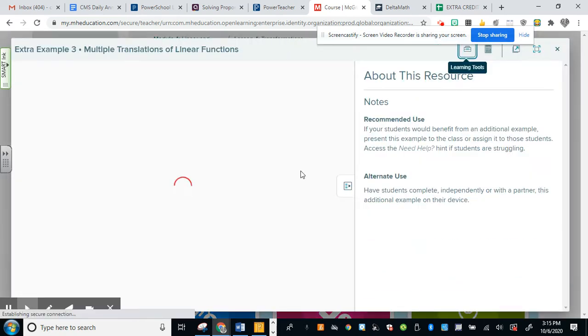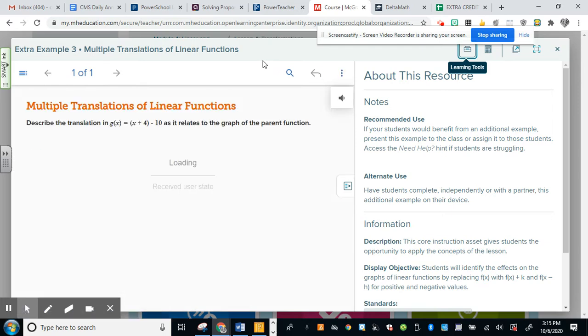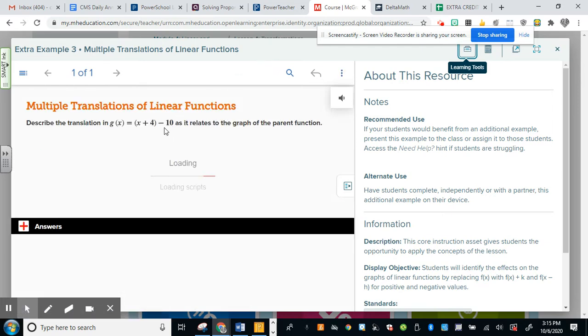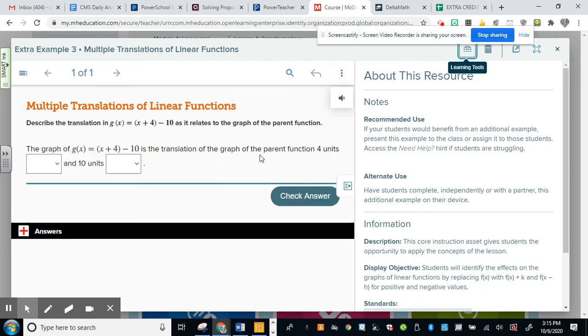Here we have multiple transformations. So we have to pay attention to up, down, left, right. We'll have multiples. So let's first talk about the outside. That's a vertical. And then the hugs is a horizontal. So that means we're doing 4 units. So that's inside the parentheses. So that's the opposite.